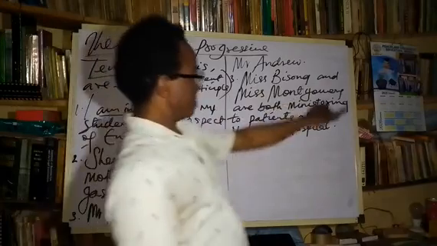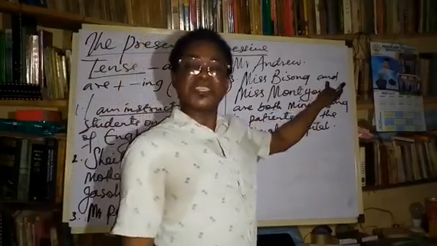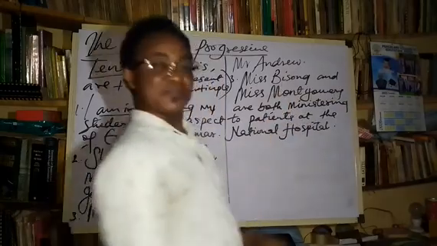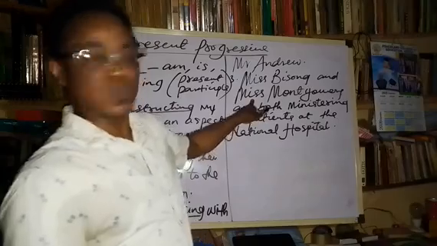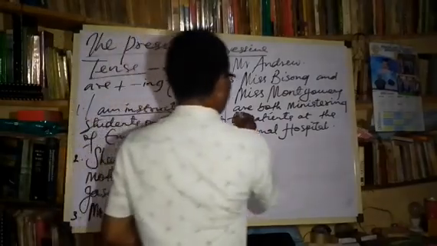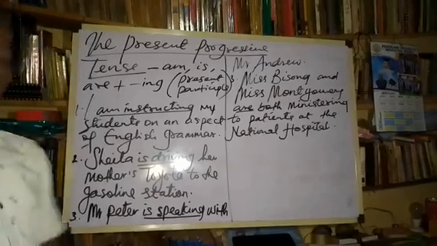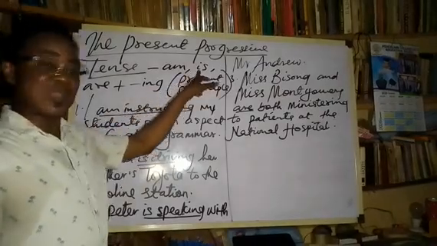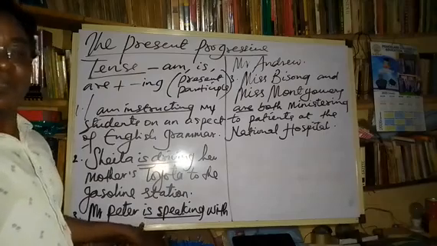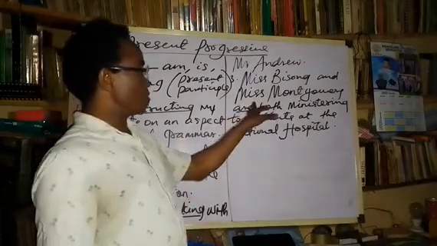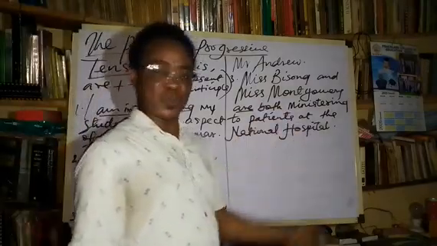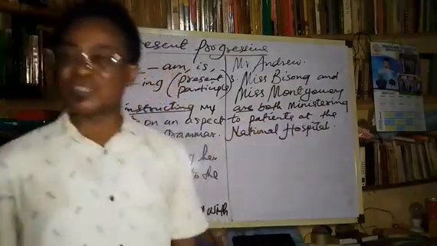Miss Bisang plus the conjunction and works like the plus sign in mathematics, meaning in addition to 1, making it 2. Miss Bisang and Miss Montgomery are, so with the plural subject, the verb is, which is singular, changes to are. So we say Miss Bisang and Miss Montgomery are both ministering to patients at the National Hospital.